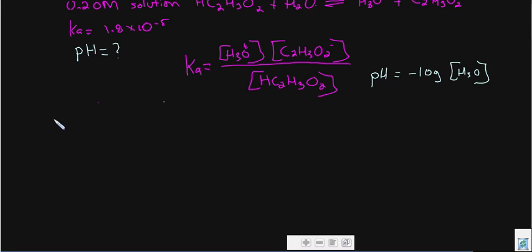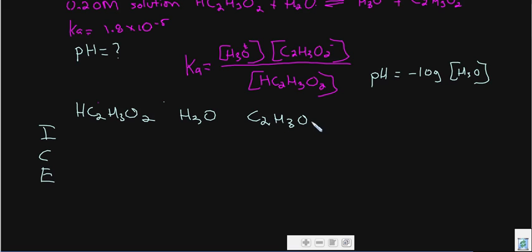Okay, so let's go ahead and put our ICE table down here in order to solve for our factors. So we're going to have our acetic acid as our reactant here, and none of these are solid, so they're all going to be in the ICE table as well as in the acid ionization constant expression.